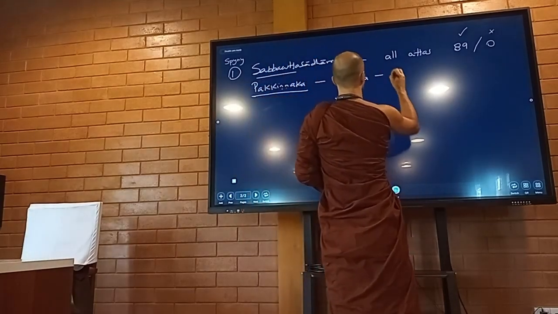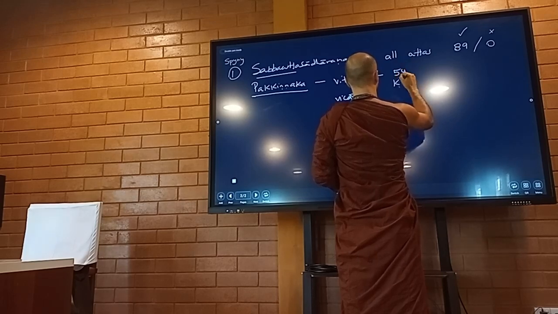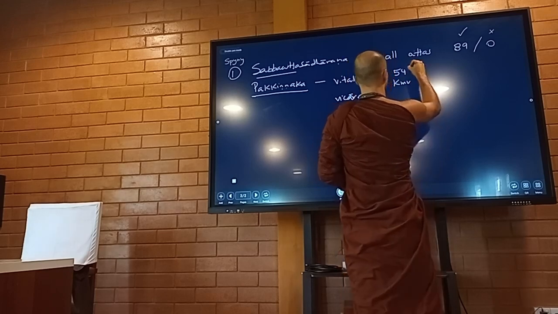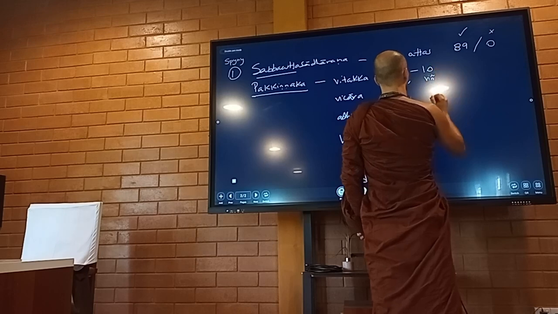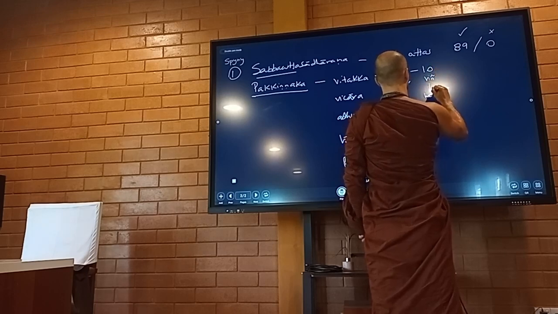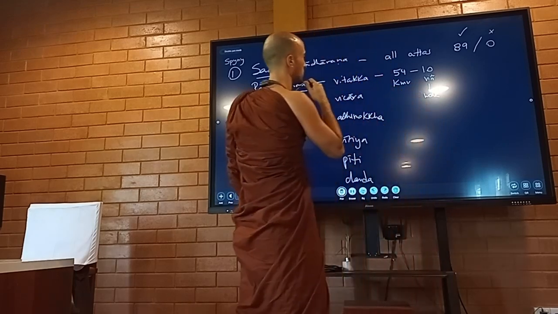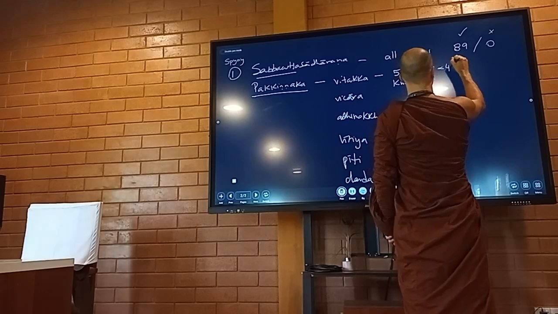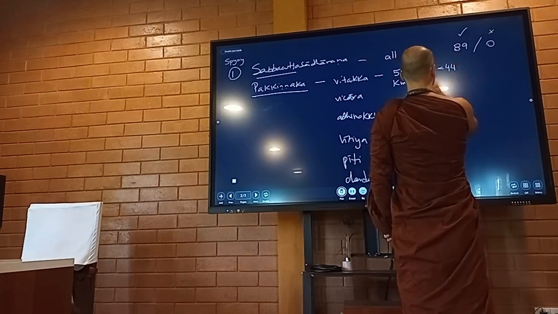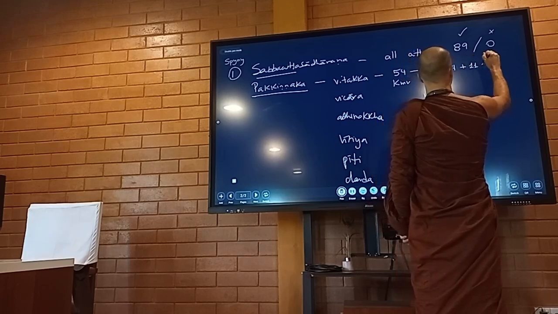Now vitakka, this you have to remember. Vitakka occurs in 54 kamavacara cittas minus 10 vinnana, because the vinnanas are very weak, very rudimentary. So it arises in 44 cittas in the kamavacara realm. And it also arises in 11 first jhanas.